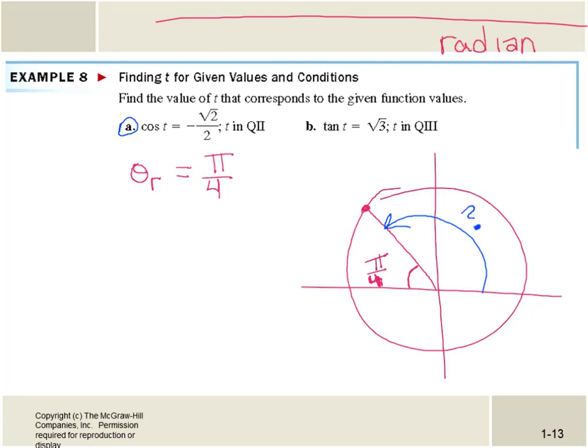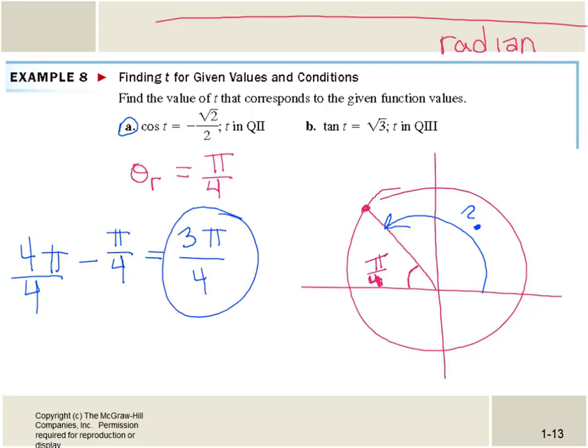I want to know how we get that angle. Exactly, pi minus pi over 4, which is 4 pi over 4 minus pi over 4 is 3 pi over 4, and that's the answer.